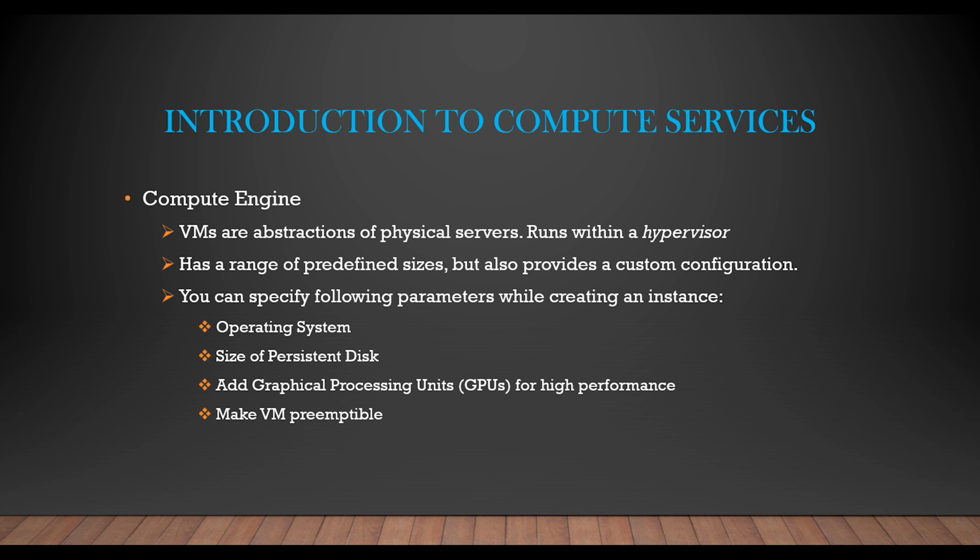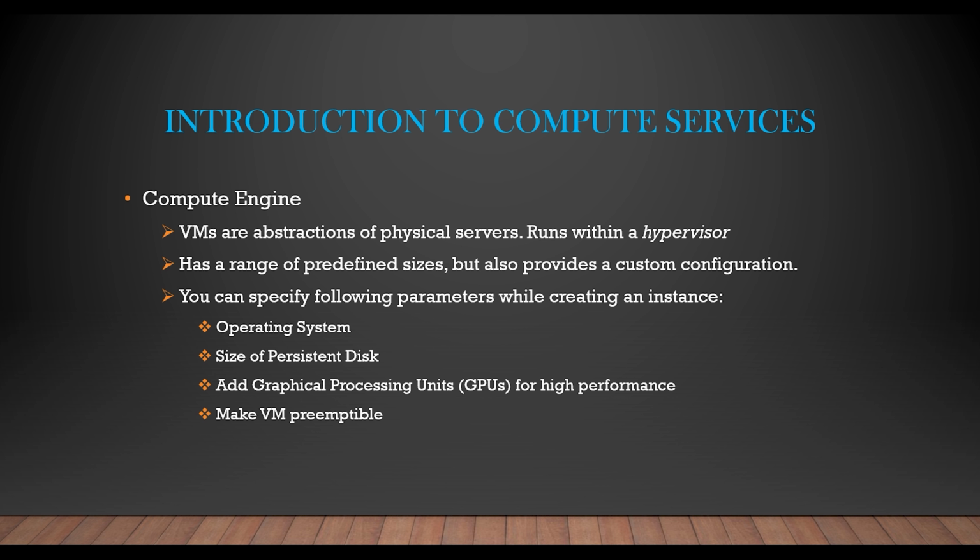You can also make the VMs preemptible. Preemptible virtual machines are something you should always keep in mind. Using a virtual machine can be costly, but if you use a preemptible virtual machine, you will be charged around 80% less.